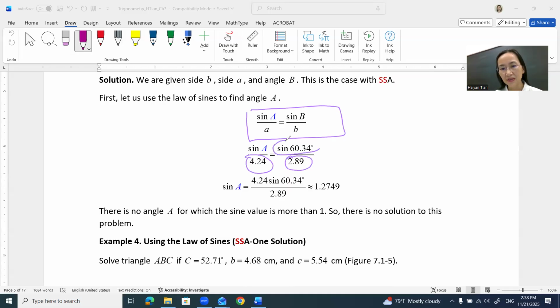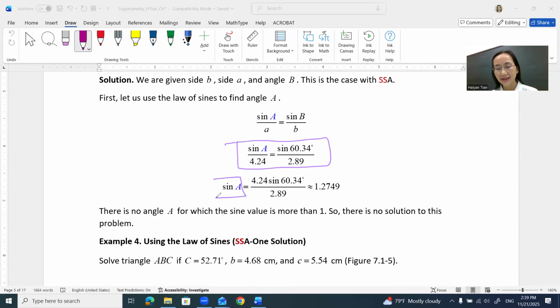This is a sine of capital B, everything put in the equation except this capital A, the angle, which is unknown. So we have this equation, we solve for the sine A. And then we discover the sine A is, if we keep 4 decimal places, a number which is bigger than 1.